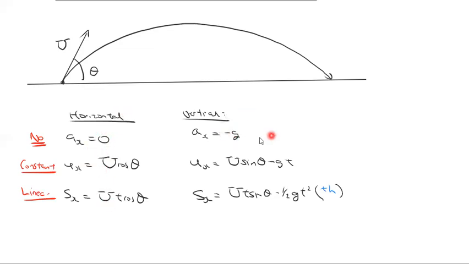Whereas for the vertical, what you've got is a constant acceleration, so the acceleration doesn't change, but a linear velocity that does change, going up and going down, and then a quadratic displacement.